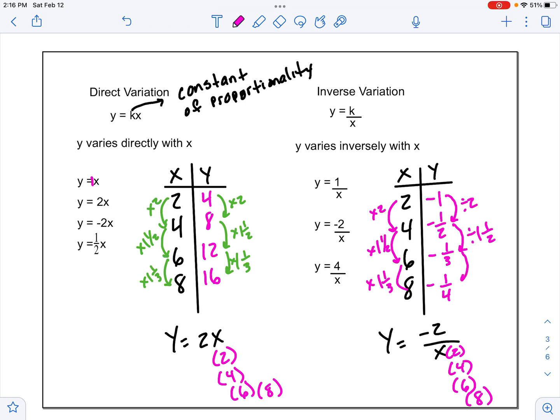And then to get from -1/3 down here, I would have to divide by 1 and 1/3. So you can see it is the inverse of what happened on the x side. Instead of multiplying by 2, I divided by 2. Instead of multiplying by 1.5, I divided by 1.5. So there's that inverse, right? One side's multiplication, the other side is division.